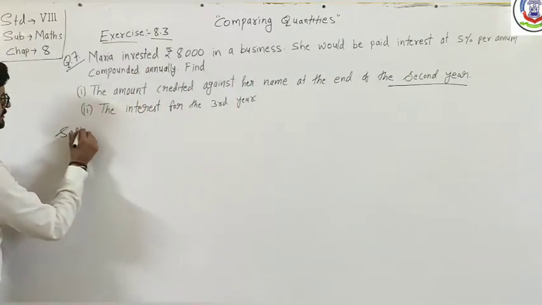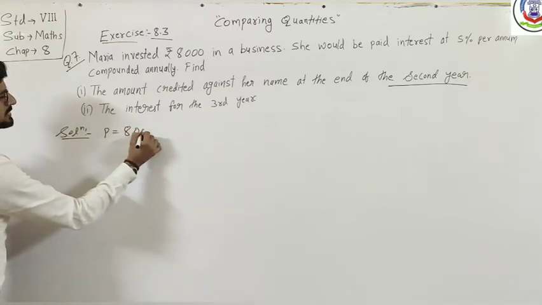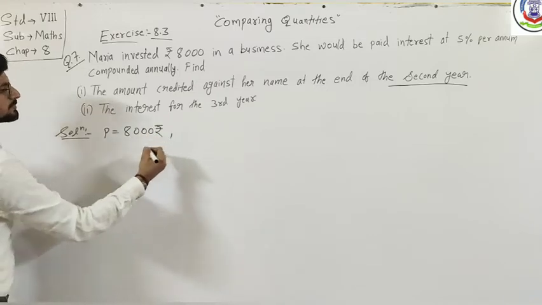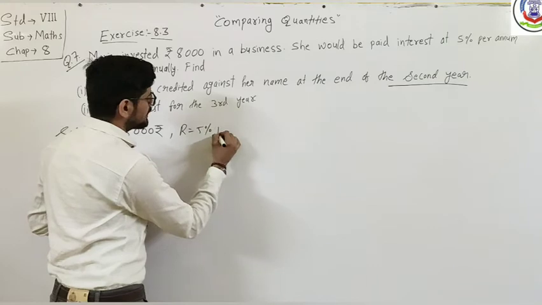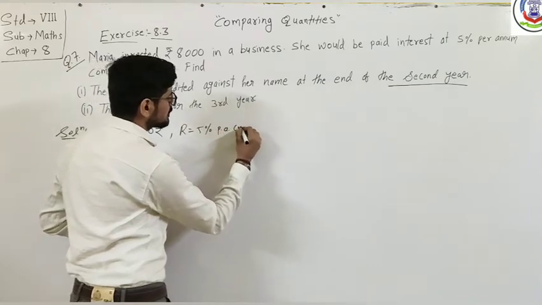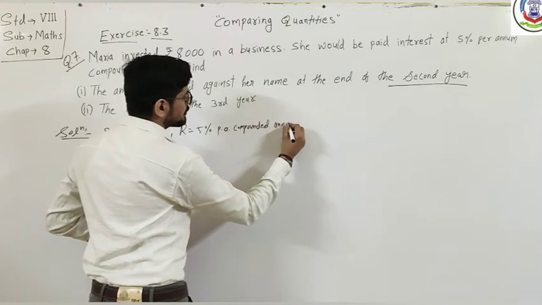So solution. What is our P? P is rupees 8,000. And R is 5% per annum, which is compounded annually.